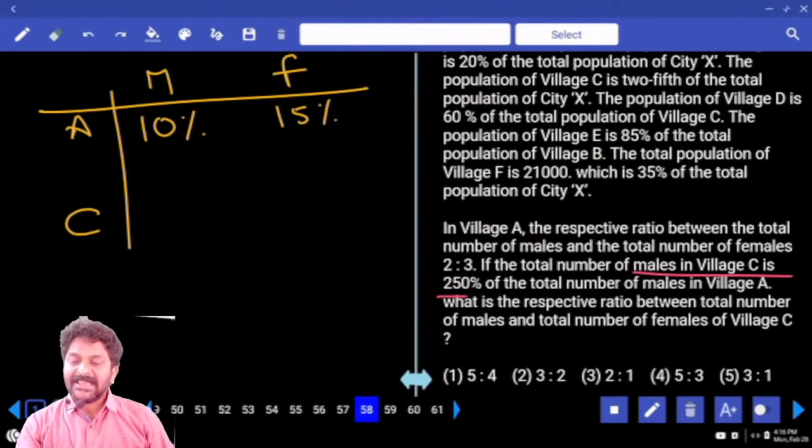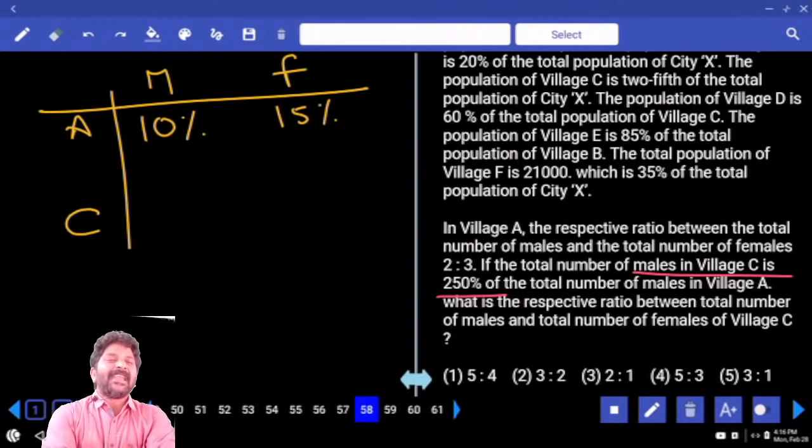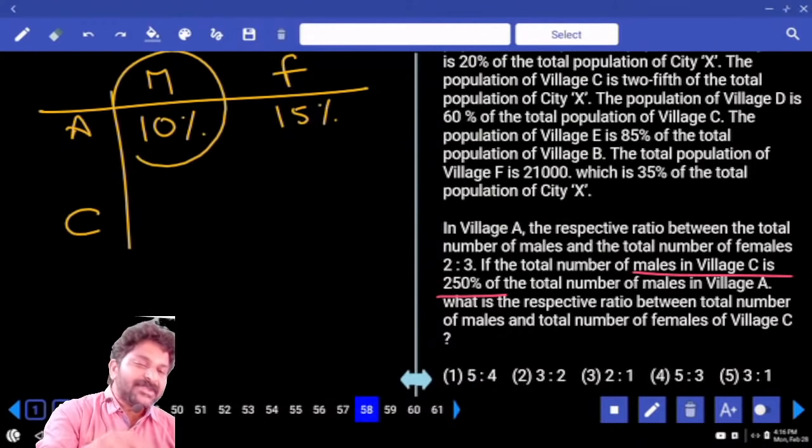Male in village C is 250%. Can I say 250% in the sense 2.5 times? 100% in the sense how many times? 1 time. 200%? 250%? 2.5 times of male in village A only. How much is that?